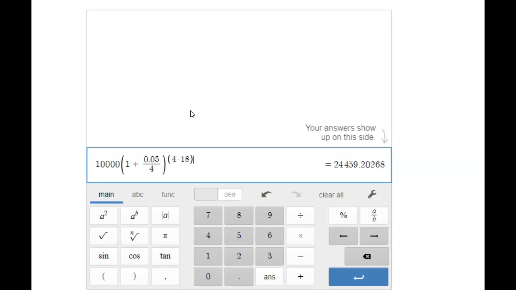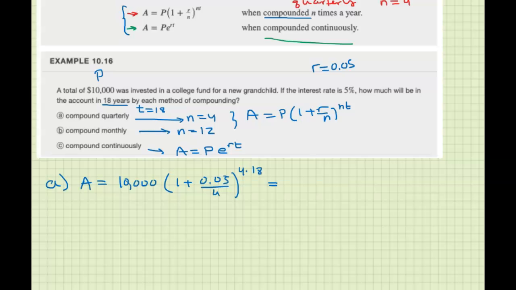It's important to use the parentheses in the exponent because otherwise you might take that second number to the bottom. So we get 24,459.20. You want to round to 2 decimal places because it's dollars and cents. So that's how much it will be there after 18 years.